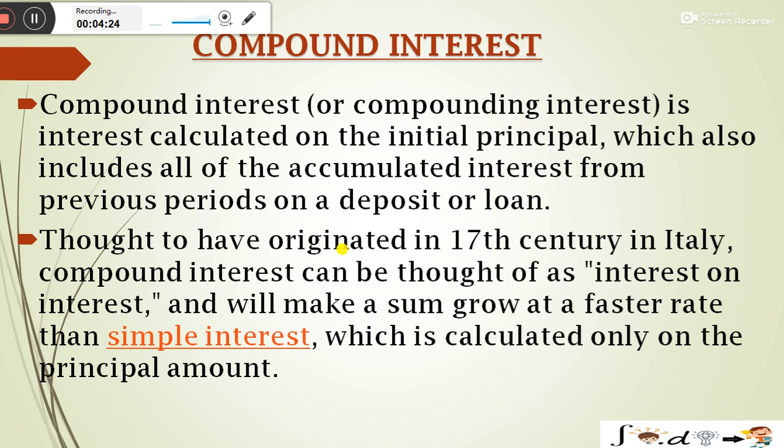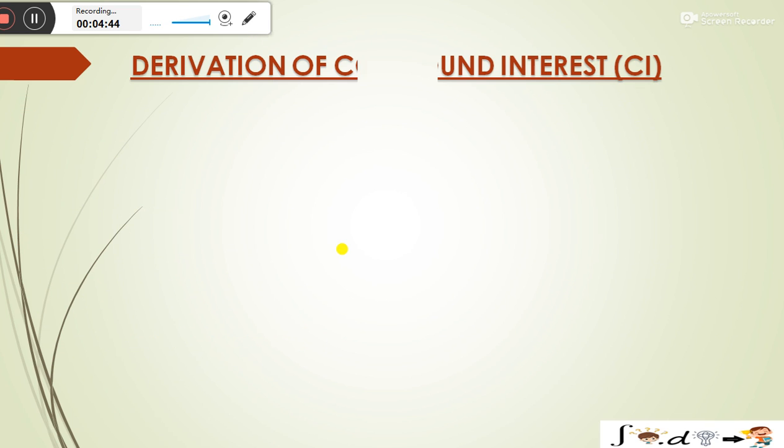It is thought to have originated in the 17th century in Italy. Compound interest can be thought of as interest on interest, and will make the sum grow at a faster rate than simple interest, which is calculated on the principal amount only.